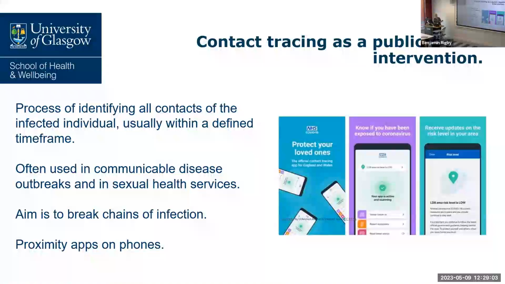It's important to remember going back to the summer of 2020, when we were really in the thick of the pandemic. Some would argue we're still in the thick of the pandemic. But the drive at that point was to use contact tracing as a public health intervention to identify people who had positive tests for COVID-19.